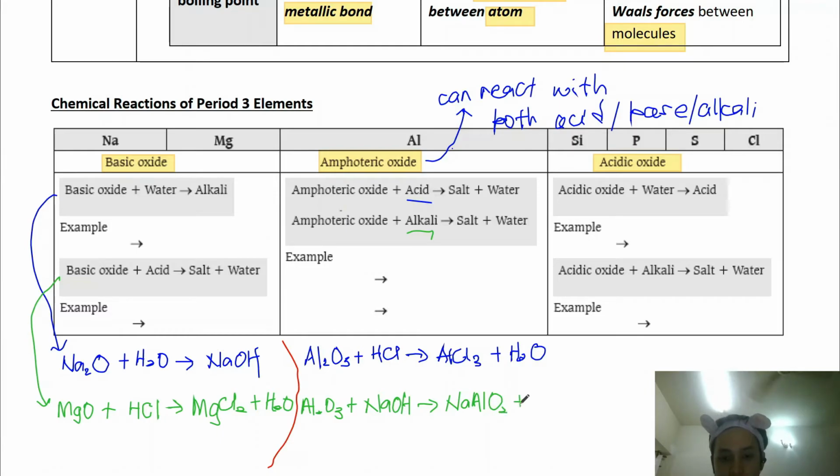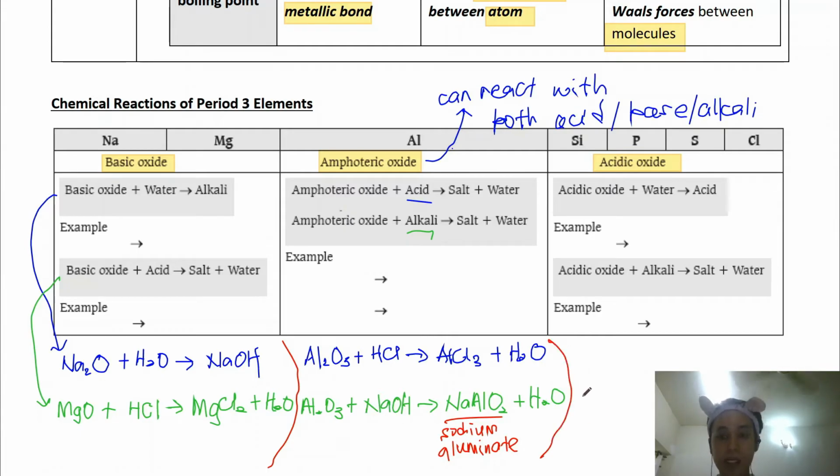The salt here is called sodium aluminate. So this is the salt obtained from the reaction between aluminium oxide and sodium hydroxide.